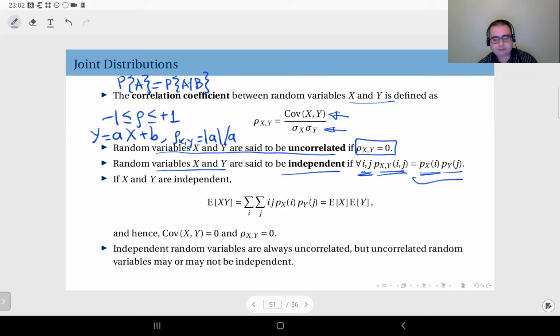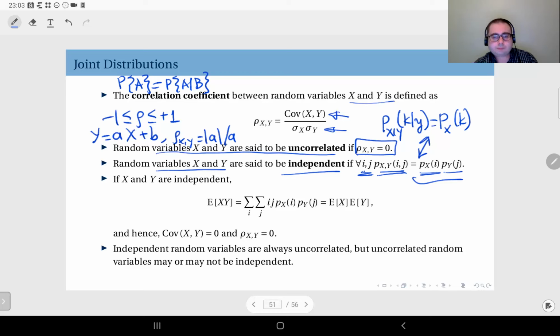Now be careful, let me repeat this. The definition in fact comes from conditional distributions. In fact, we would say if the conditional distribution of X given Y equal to some value is equal to the marginal distribution of X at k, then we say that they are independent. But this implies the product form, and if it's just two random variables, they actually imply each other.